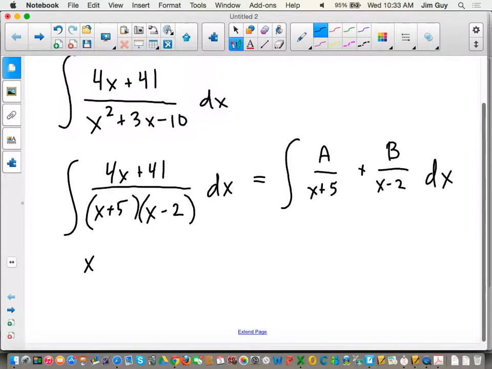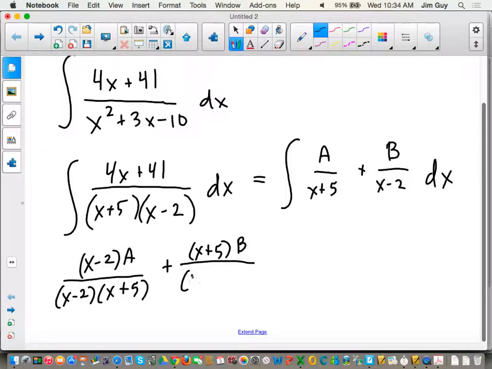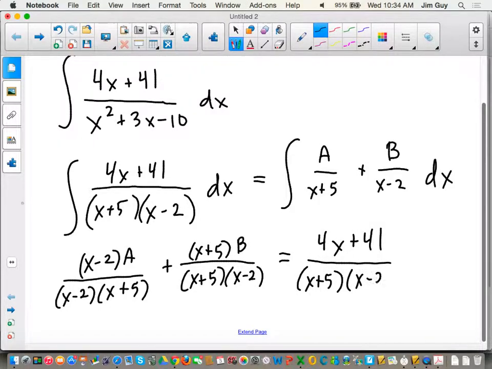So that would look like x minus 2 times A over x minus 2 times x plus 5, plus, for the second term I have to multiply by x plus 5, so I get x plus 5 times B over x plus 5 times x minus 2, and that should be equivalent to what we started with. Okay, so far, conceptually understand how we're setting this up.